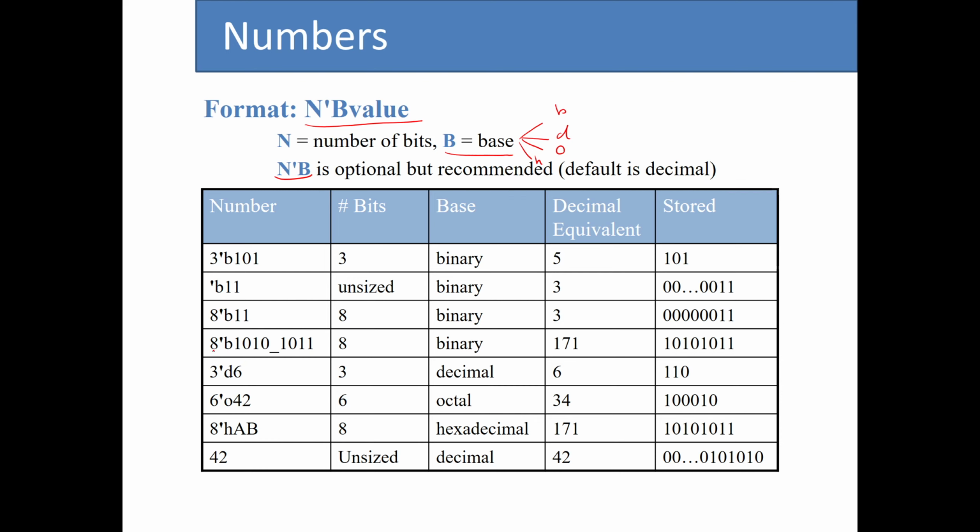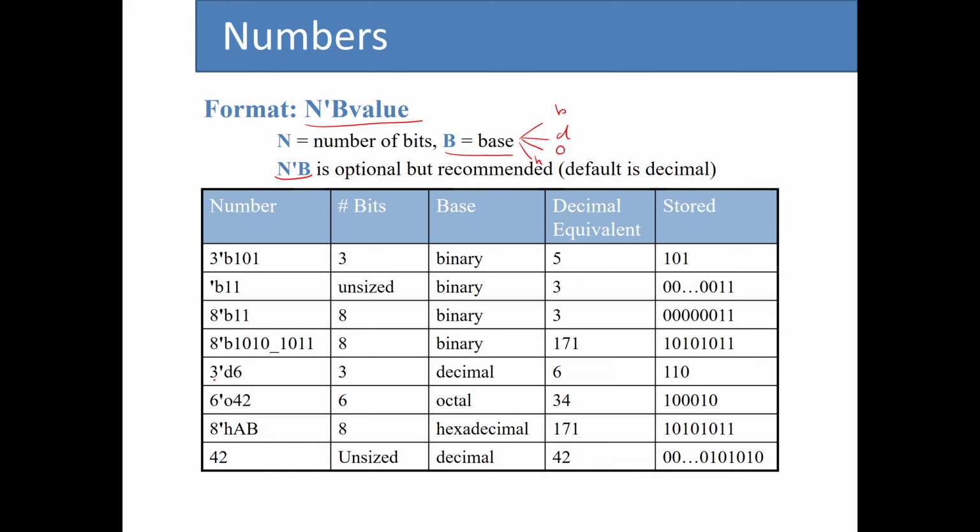It tells SystemVerilog that the number is 8-bit, it is binary, and its value is 101 1011. This underscore is there basically to ease the reading. It doesn't have any implication in terms of the actual number.